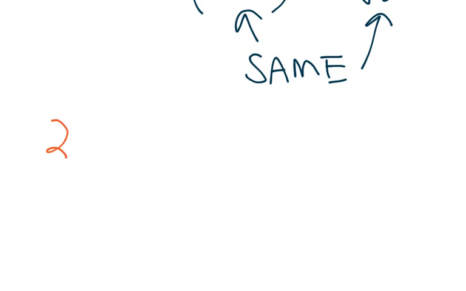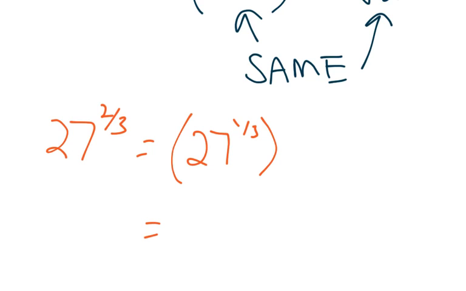For example, if you had 27 to the 2/3 power, you could break this down into one of two ways. You could call this 27 to the 1/3 power, which then would break down into the cube root of 27, and then raise that to the second power.